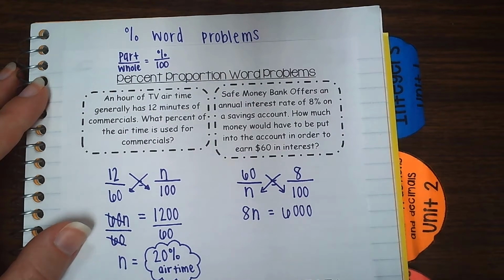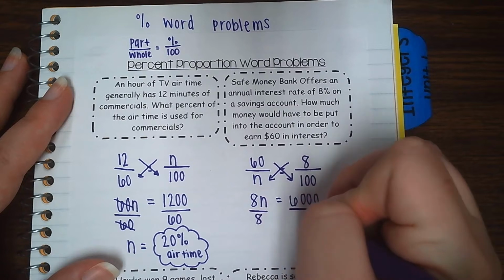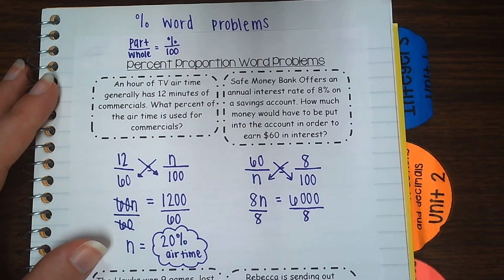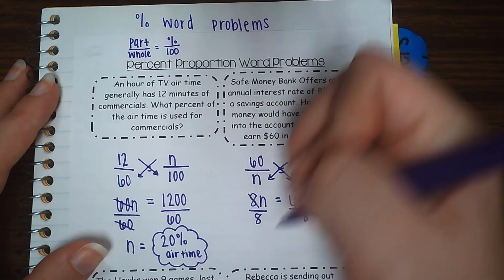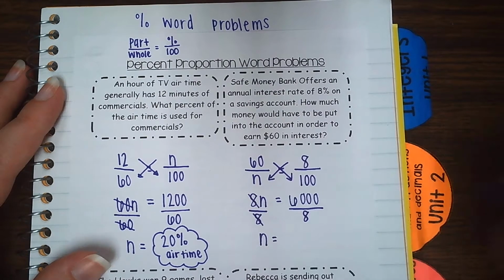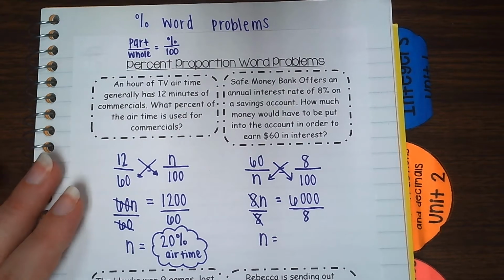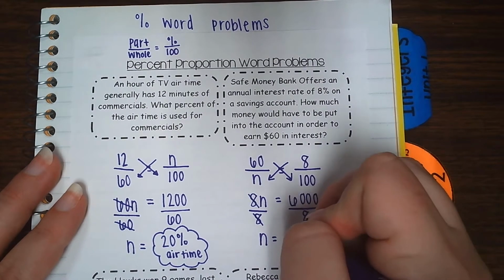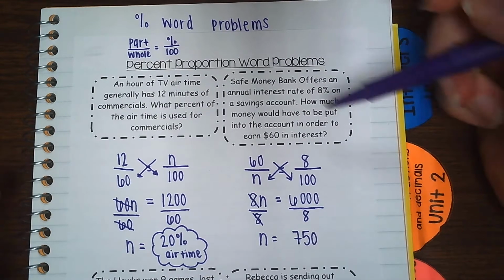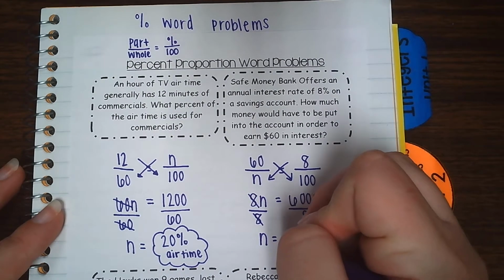We're trying to get N all by itself, so we're dividing by whatever is in front of N, which this time is 8. 8s eliminate each other. That leaves us with N equals 6,000 divided by 8, which is 750. So how much money would have to be put into the account? $750.